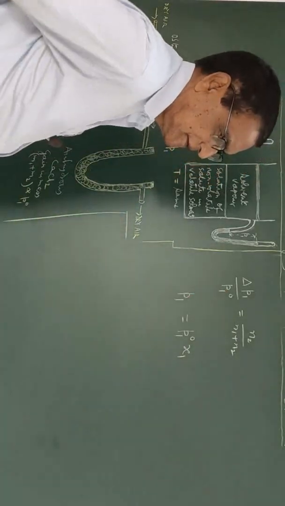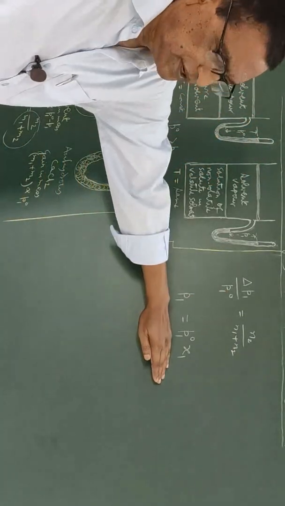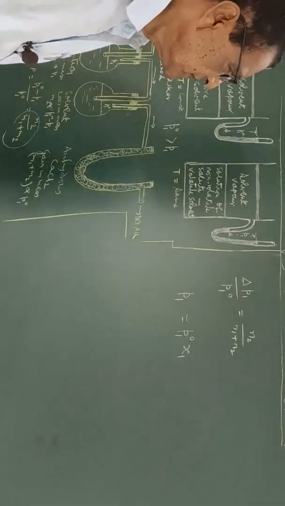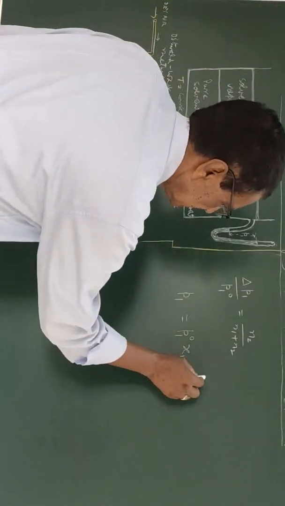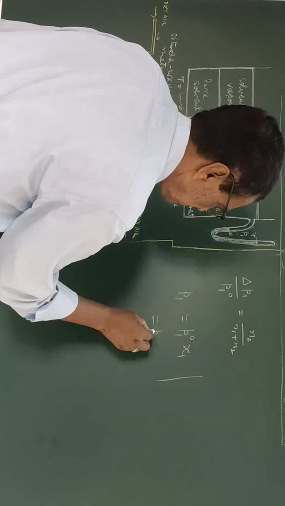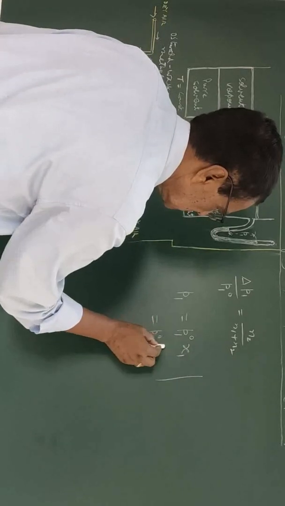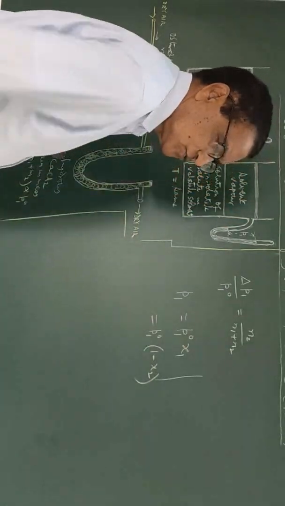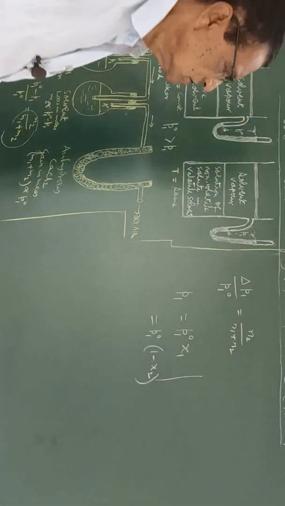X1 is the mole fraction. So this has already been derived by using the chemical potential. So instead of X1, I can write 1 minus X2, since X1 plus X2 equals 1.